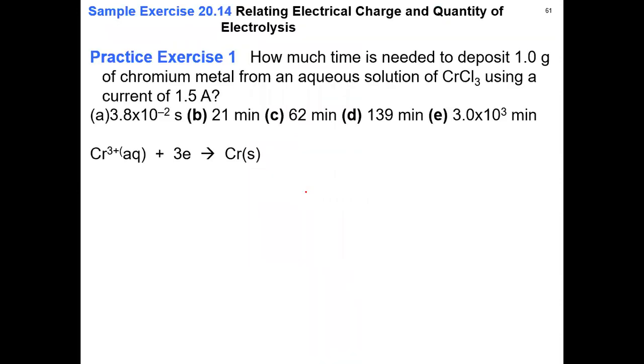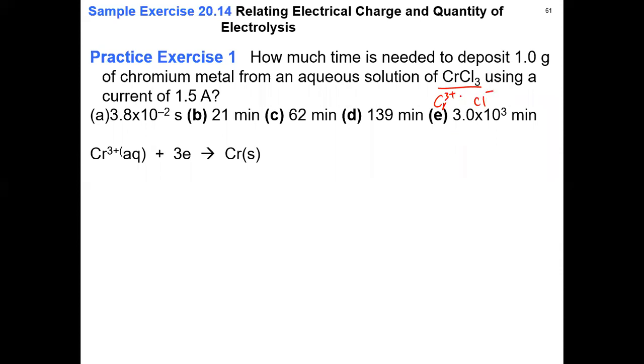So this question is how much time is needed to deposit 1.0 gram of chromium metal from an aqueous solution of chromium(III) chloride. What you do is identify that in this aqueous solution you have chromium 3 plus and chloride ion.